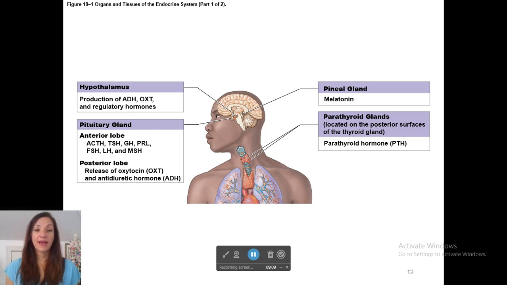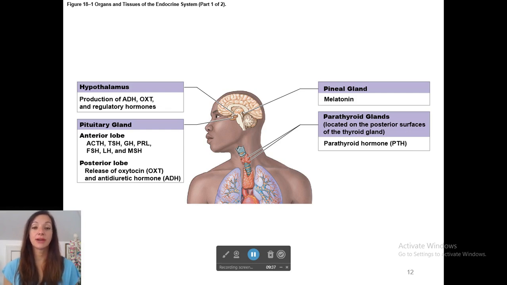So here we have a diagram that shows some of the endocrine organs and the hormones that they release. You'll notice that a lot of times we abbreviate these hormones. For instance, oxytocin is OXT. It just makes it easier to remember, and hopefully you will be able to get these abbreviations and the hormones that they go to.